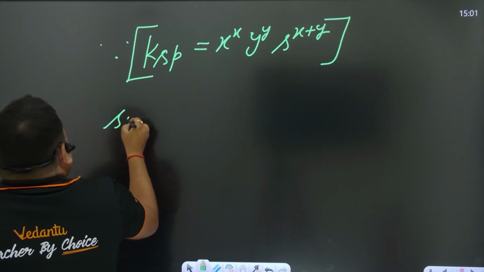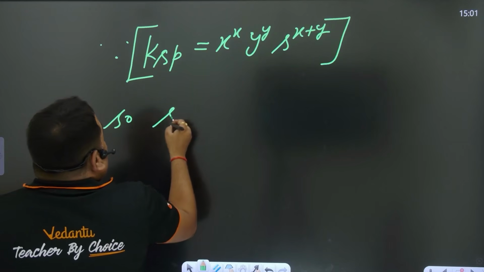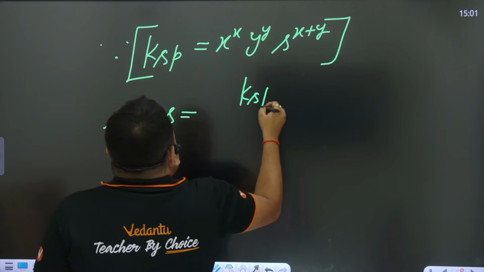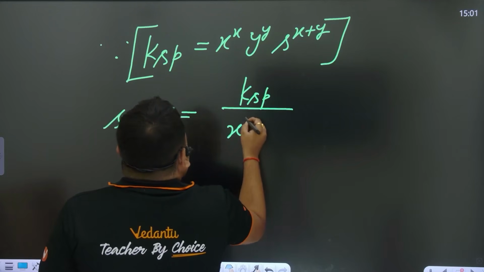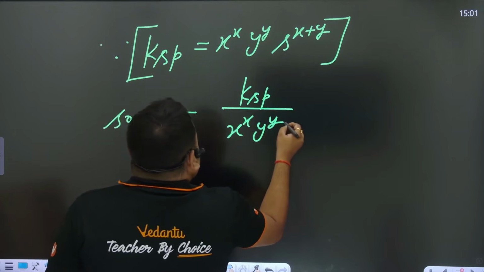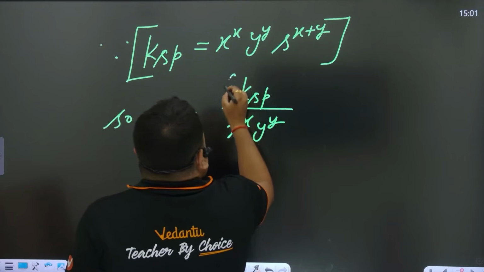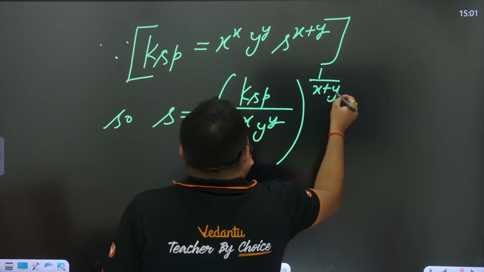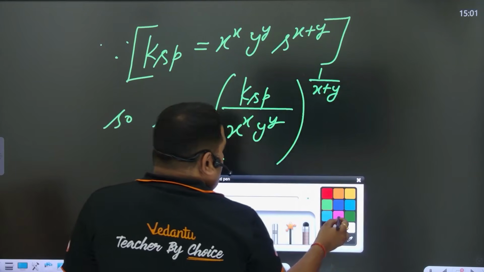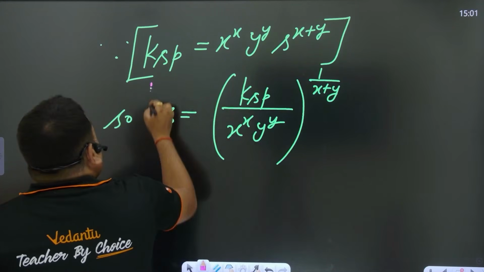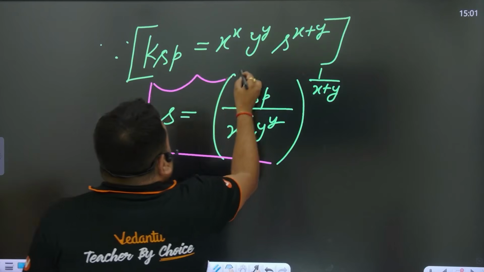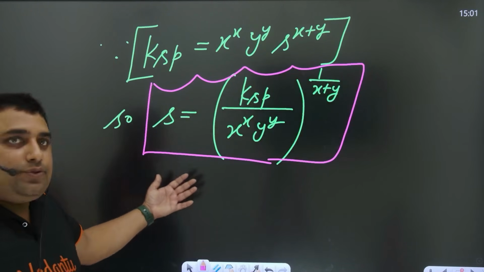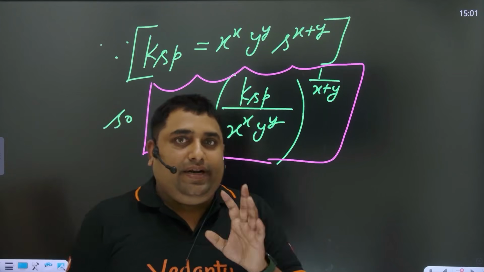So solubility S is equal to KSP divided by x^x and y^y, to the power 1 by x plus y, right? So in this way you are able to calculate solubility if the solubility product of a particular salt is given.